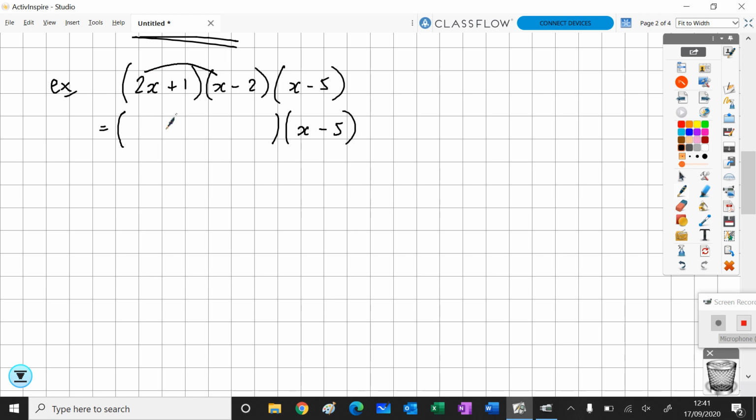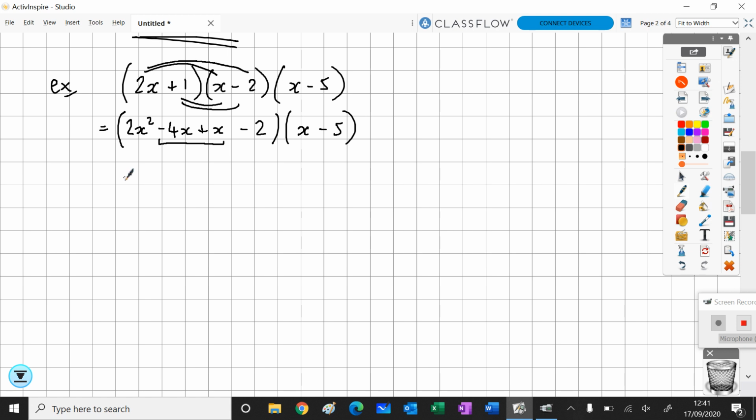So 2x squared minus 4x plus x minus 2. These terms simplify. If we don't bother simplifying, then when we multiply these 4 terms by these 2 terms, we are going to get 8 terms in the next line of working.